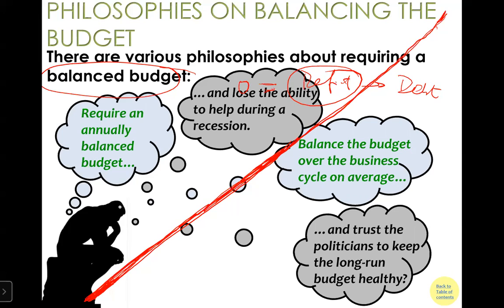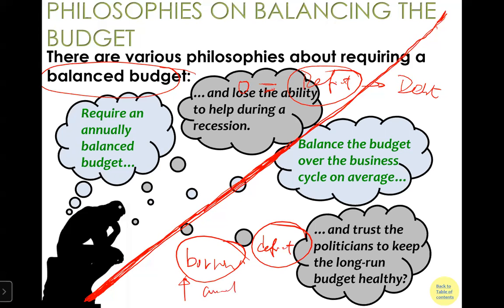In other words, they are worried the politician always has a temptation to borrow, to run a deficit, because by running a deficit they can improve the current economy.